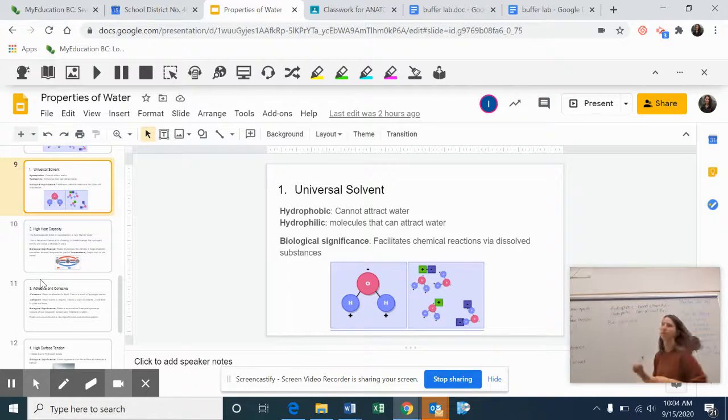So the biological significance of this universal solvent is it actually facilitates chemical reactions in your body via dissolved substances.